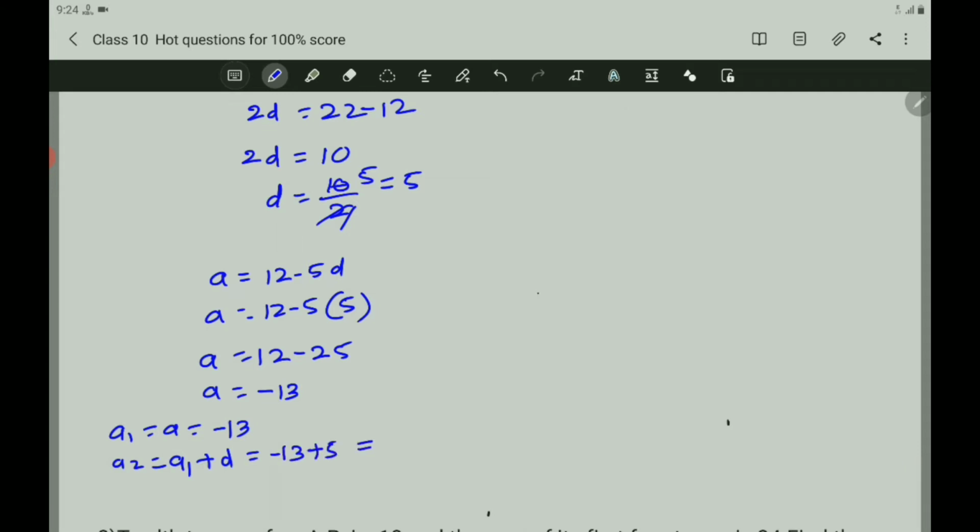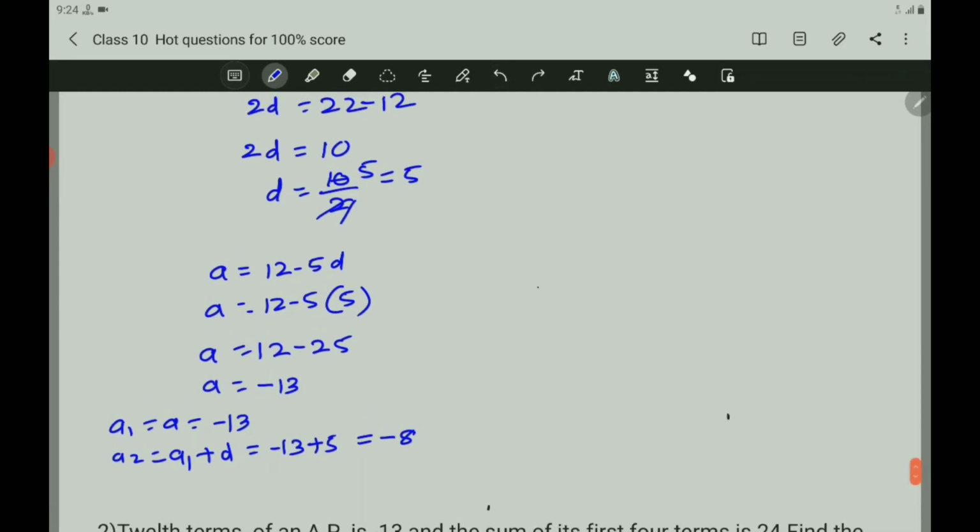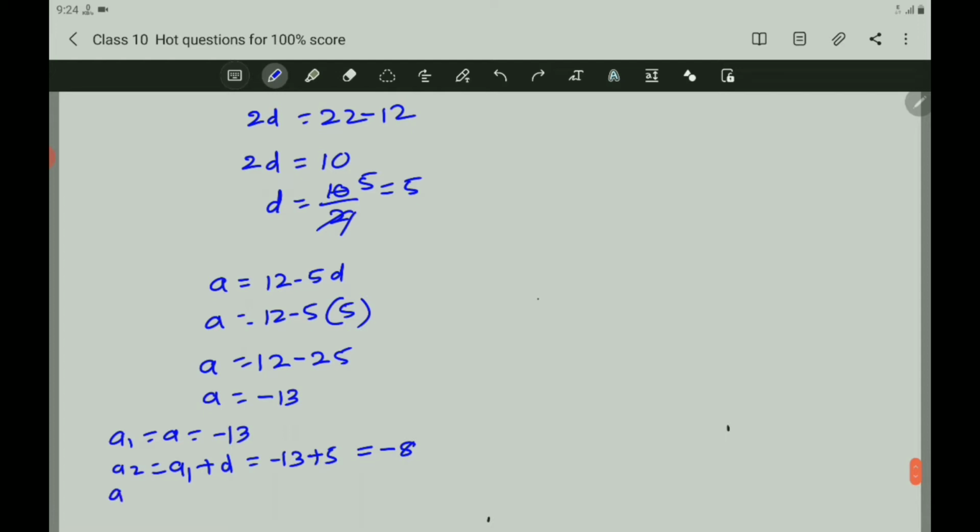Minus 13 plus 5 is minus 8. You know that 13 minus 5 is 8. Here the greater number 13 has the negative sign, so you write minus 8. Then A3 equals A2 plus D. A2 is minus 8 plus 5. Minus 8 plus 5 is minus 3.